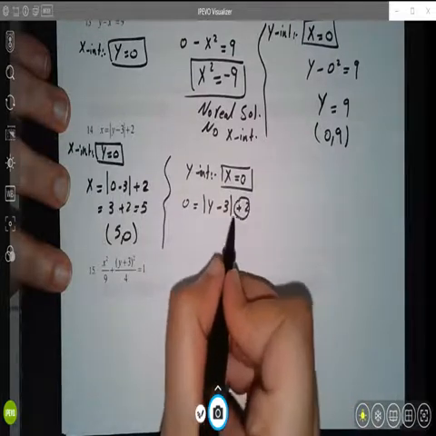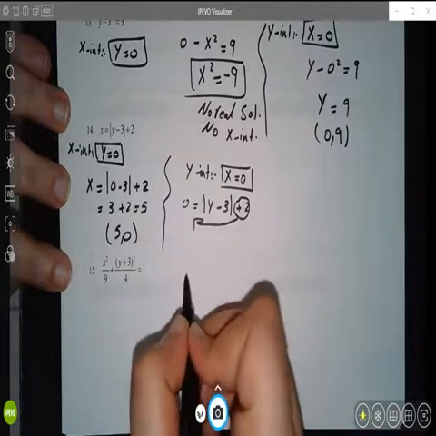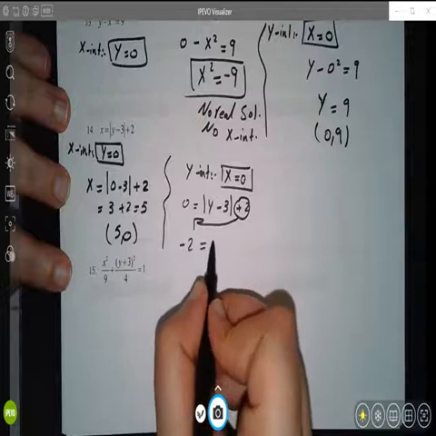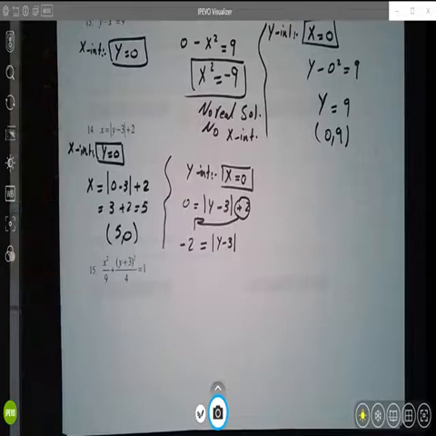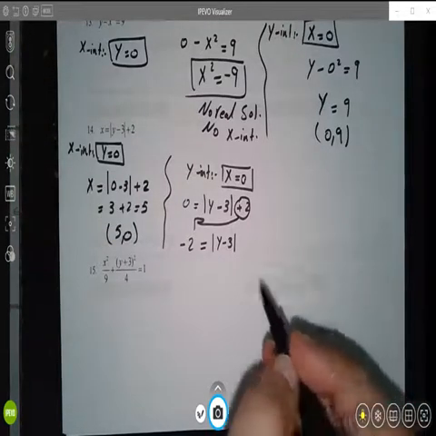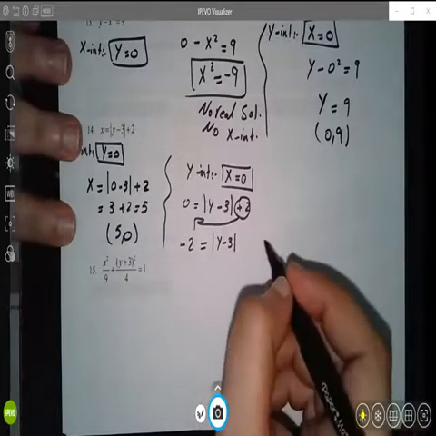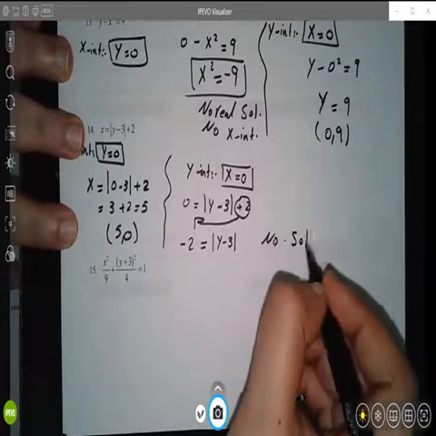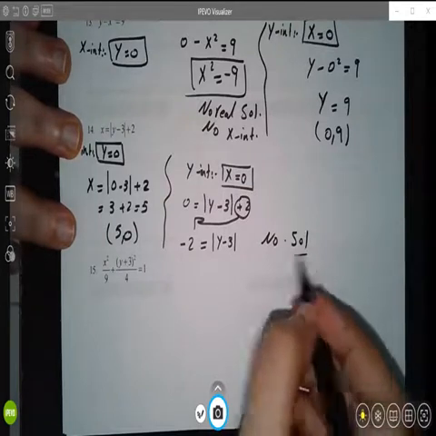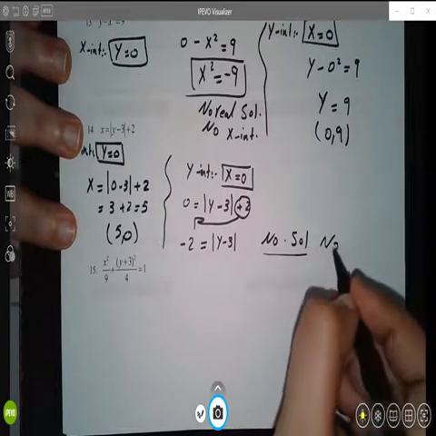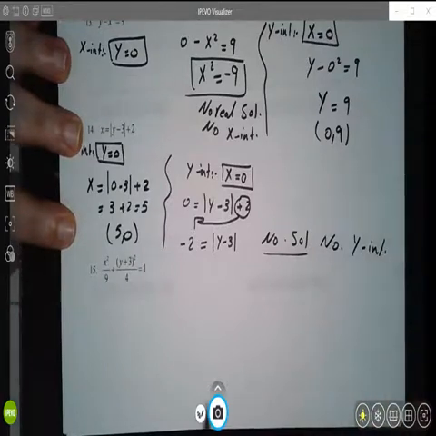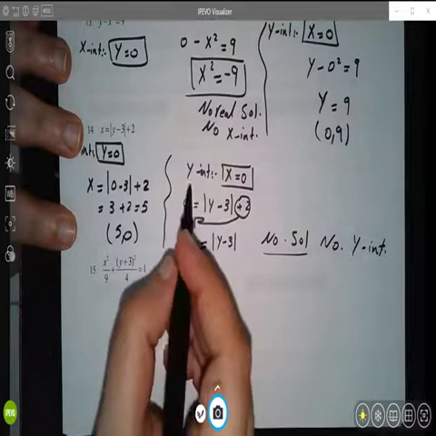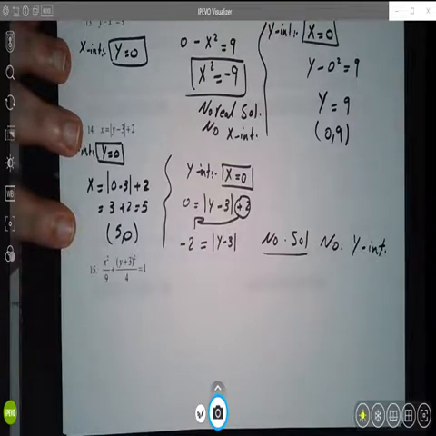So I'm grabbing the positive 2 and moving it here. Turns negative. So you have absolute value of y minus 3 equals negative 2. Now that's a problem, right? We said that the absolute value cannot equal a negative number. Therefore, there's no solution for this one. And since there's no solution, that means there is no what? Y-intercept. Okay? Because that's what you're originally trying to find. Make sense?